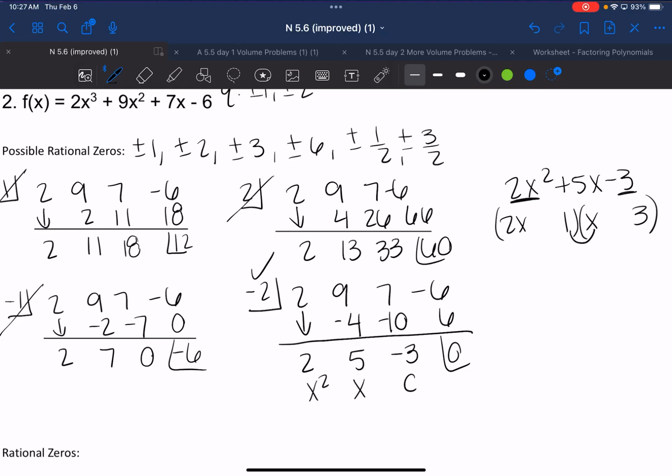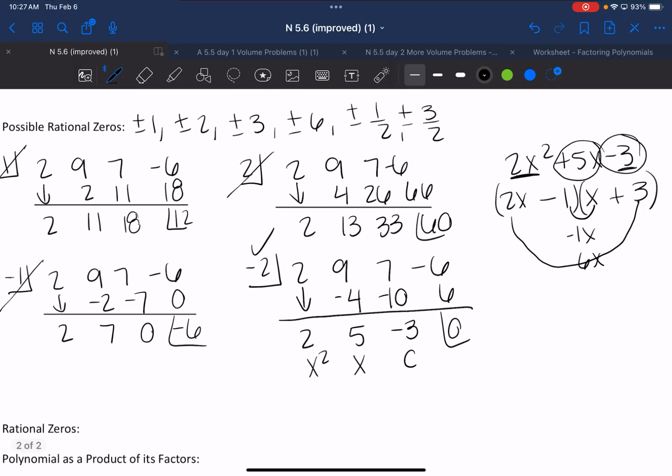All right, so inside gives us 1x, right? Outside gives us 6x. And I want those to add to give me 5. Can I make that happen? Yeah, if the 1x is negative, which is perfect because they're supposed to multiply to give me a negative 3, and a negative times a positive would do just that.